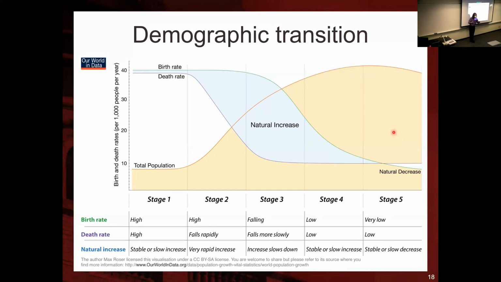I don't want to confuse everybody here, but for the questions that we will ask, whenever I'm talking about stage 1, 2, 3, and 4, I'm talking about the previous one. Why am I showing this one here? Because in this one, the authors add a third line, the total population, which is related to the natural increase.